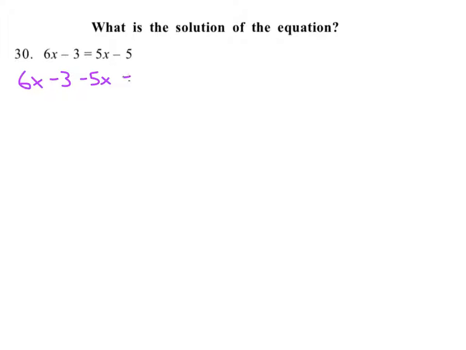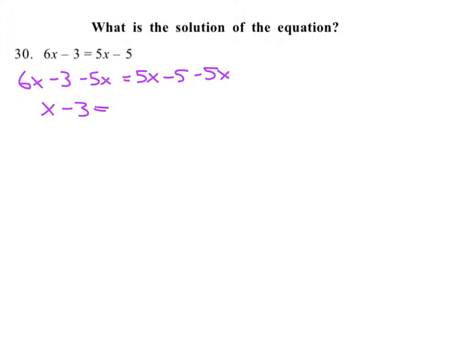Subtract 5x from both sides equals 5x minus 5 minus 5x. As I keep saying, everything that's already there goes first, then what you're doing, in this case minus 5x, afterwards, equals everything that's already there goes first, then what you're doing, minus 5x at the end. Resolving this, 6x minus 5x is x.